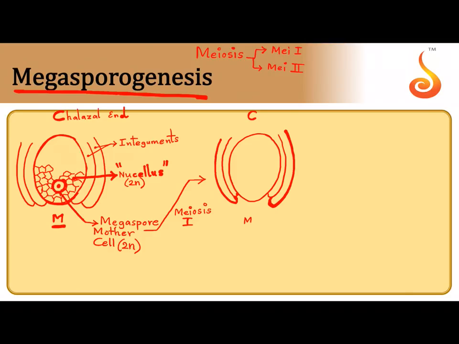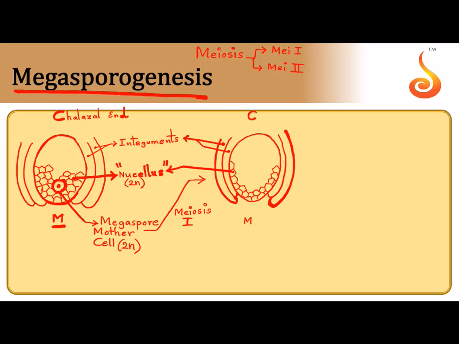Let me call it M. Okay, and what is this tissue I am drawing inside the ovule? I kept telling you that the main nutritive tissue in the ovule, which is with a lot of reserve food material, is referred to as the nucellus. So I am showing you a part of the nucellus here. Again let me label the parts. This is the outer integument and inner integument. Okay, and this is the nucellus.